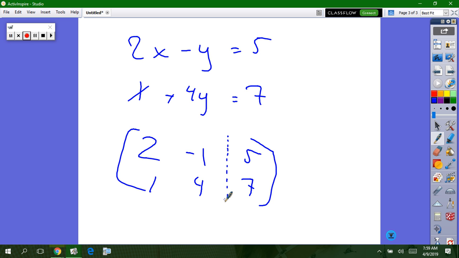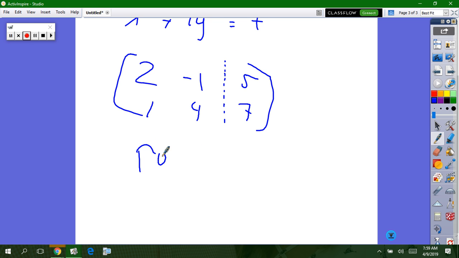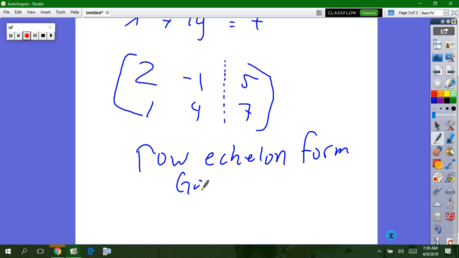Now, when I solve this, we have two different types of methods. Okay? We have what we call row echelon form, which is also called Gaussian form. Okay, and I'll show you what we do on that. The goal of row echelon form is to have it like such.